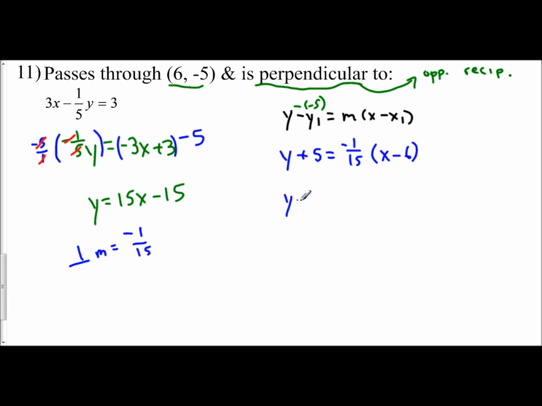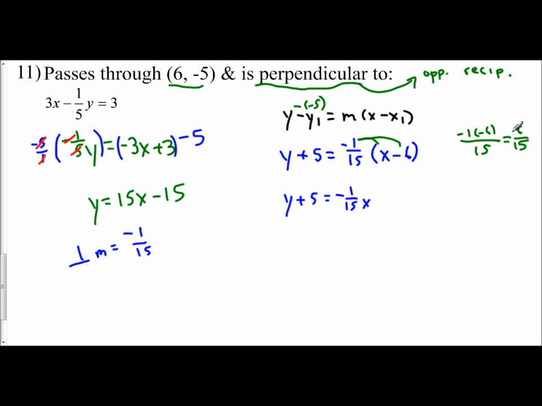So distribute: y plus 5 equals -1/15 x. And when I distribute, you do -1 times the -6, and then we divide by 15. Negative times negative is a positive.